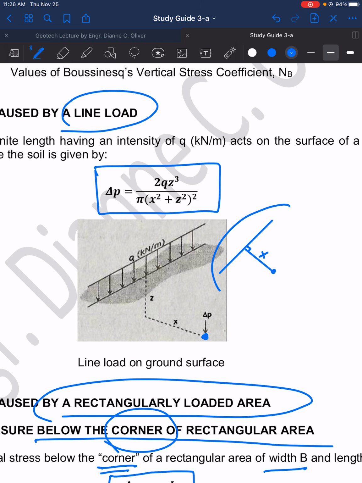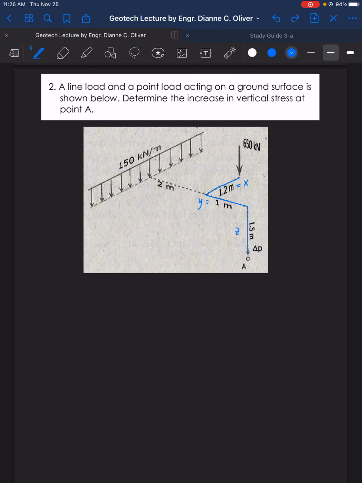Then always remember, you need the x distance perpendicular to the point of delta P. As you can see from the figure, the x distance here for the line load is perpendicular to the point.